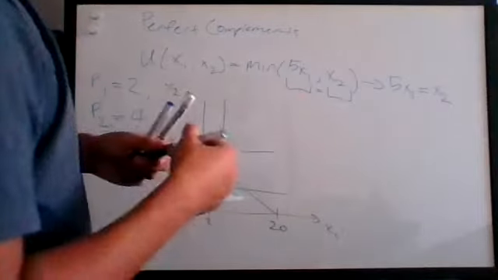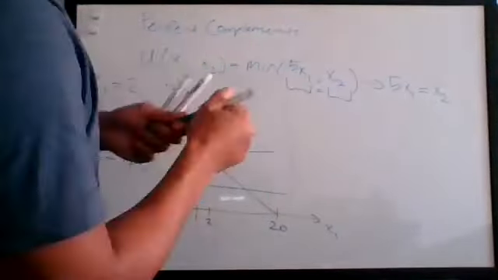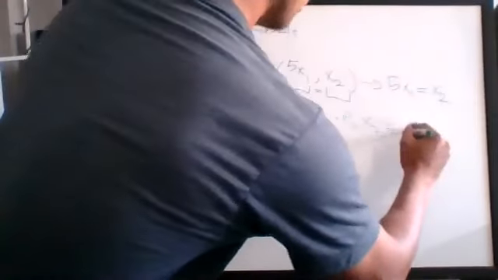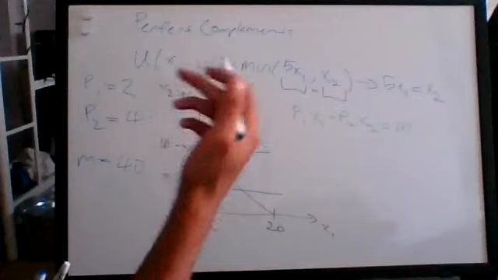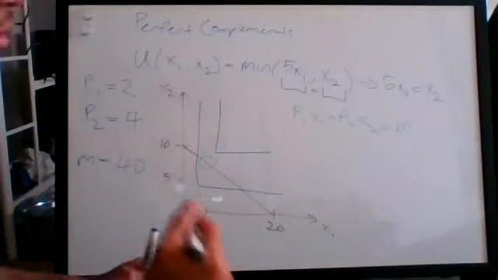Okay, now with that being said, let's go ahead and solve this thing. So we have P1 x1 plus P2 x2 is equal to M. So now at this point, what I'm going to do is fill in these numbers.